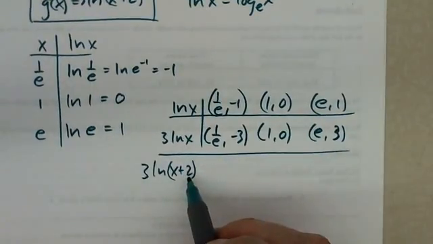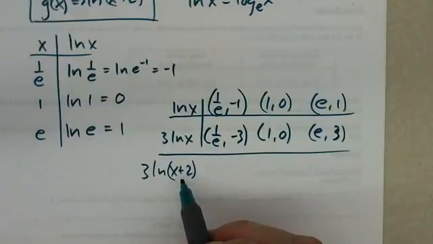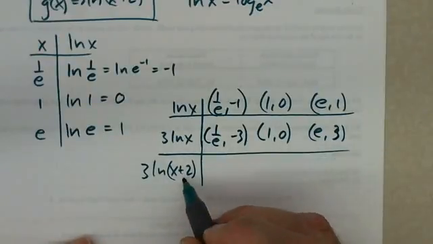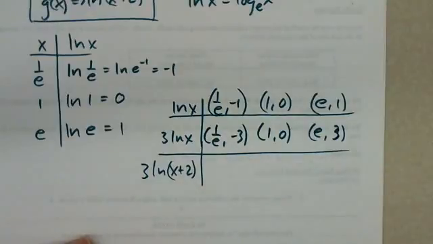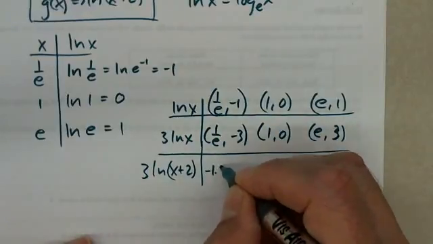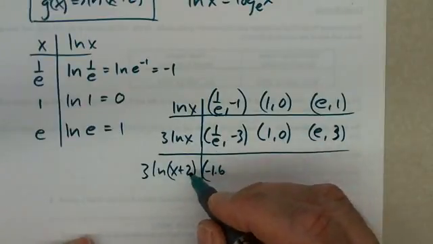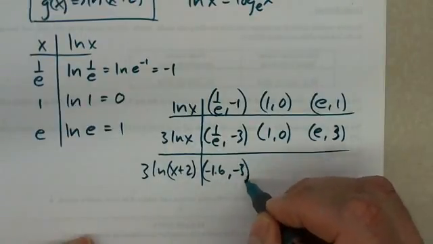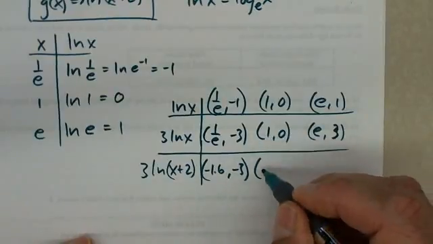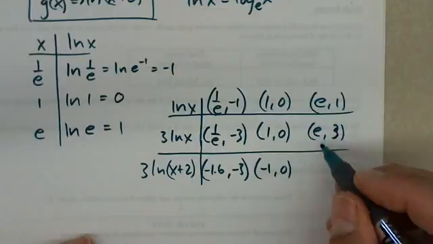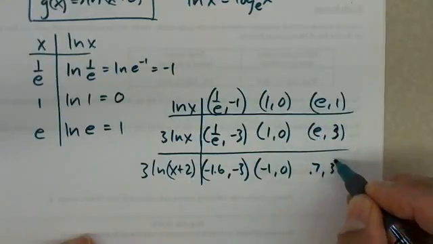The inside change is the horizontal change. It's going to do the inverse of addition to the x value. So let's subtract 2 from the x values, and we get about negative 1.6 if we go 1 over e minus 2. And then we'll do 1 minus 2. E minus 2, that's 2.7 approximately, so that'll be approximately 0.7.